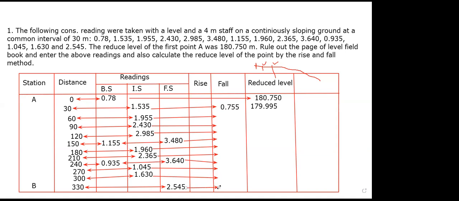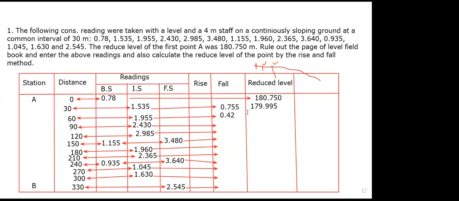Okay, for the distance of the 30 meter, the 0 to 30, the difference between the IS and BS is 0.755. Okay, so after that, for the distance of the 60 and 30, what is the difference? What is the fall? What is the difference, 0.42. Okay, so next the fall is 0.42.